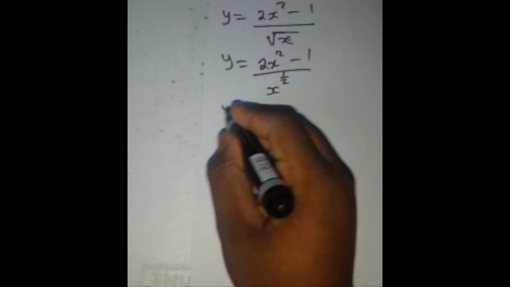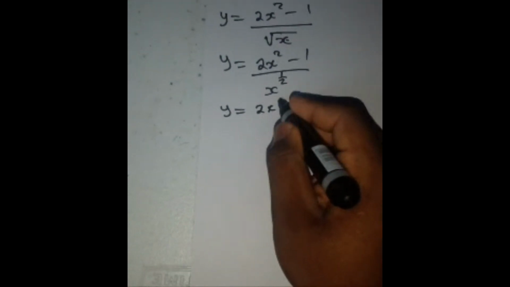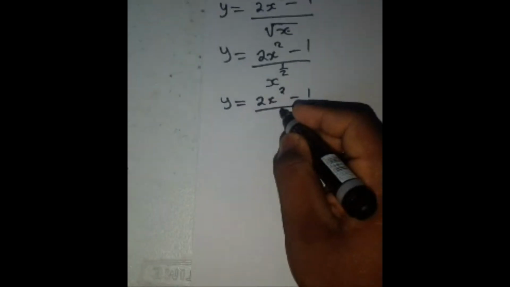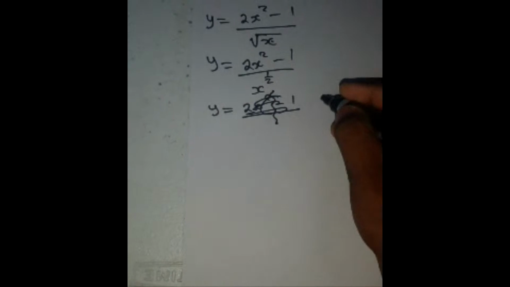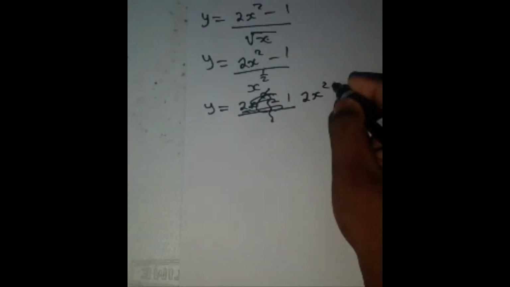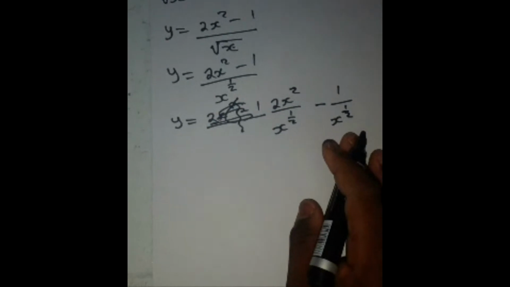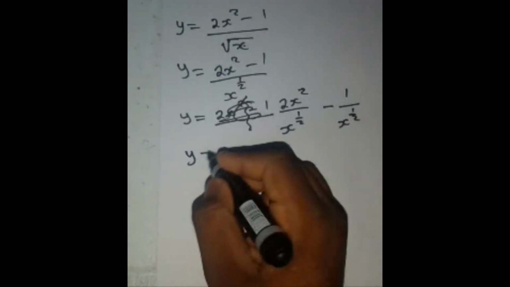So it is going to be 2x squared minus 1 over x to the power of half. Let me separate them. Since it is like this, you're going to separate them. So it will be 2x squared over x to the power of half minus 1 over x to the power of half. Okay?